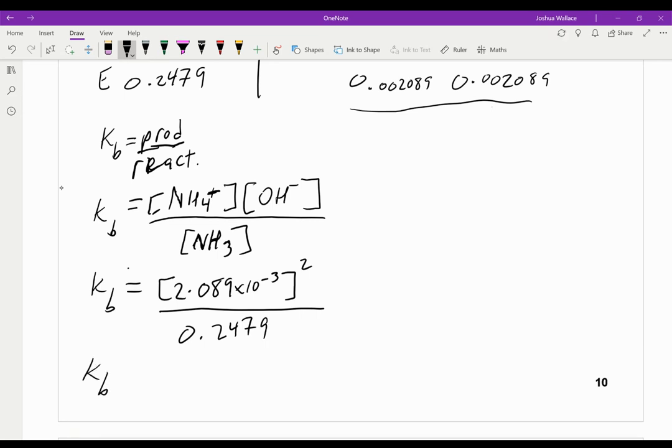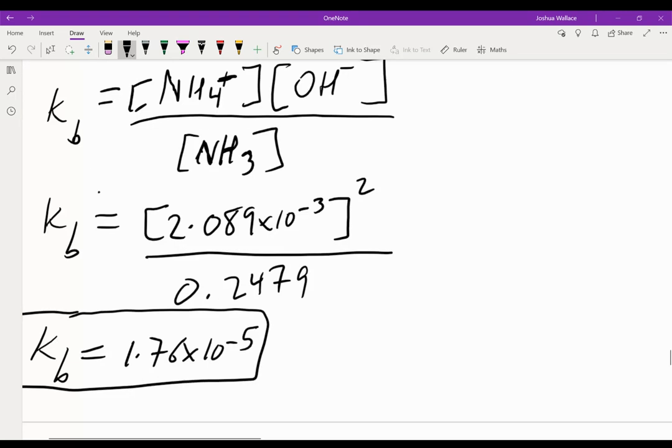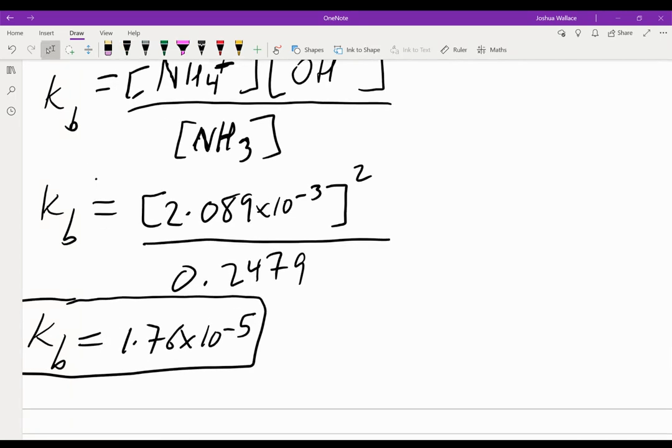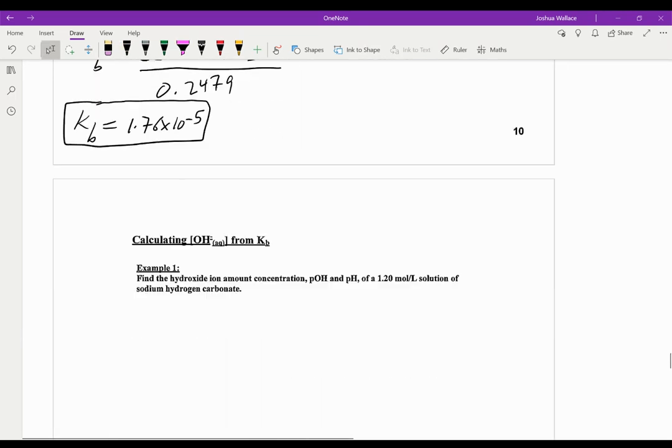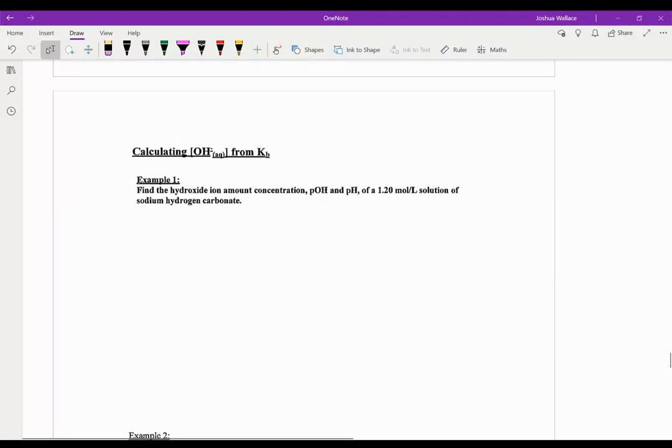And my Kb equals 1.76 times 10 to the negative 5. All right, that's my Kb.